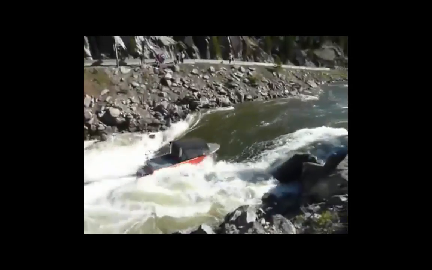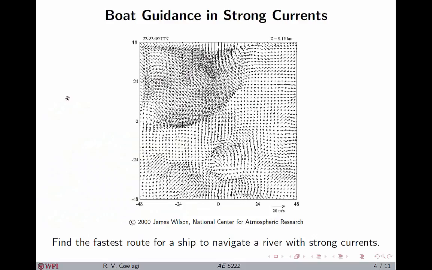If you look at the static map now, that shows you, for example, currents, or maybe wind conditions if you're talking about an aircraft, but the nature of the problem remains the same. If you have these strong currents in a body of water, for example, what is the fastest route for a ship to navigate from one point to the other?